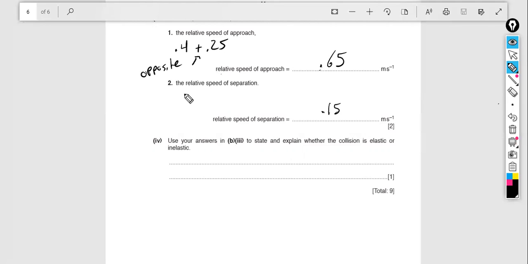The relative speed of separation, we subtracted, so it was 0.35 minus 0.2, because they were going in the same direction. So same subtract, opposite add, to calculate relative speed. And if the relative speed of approach does not equal the relative speed of separation, the collision is inelastic.